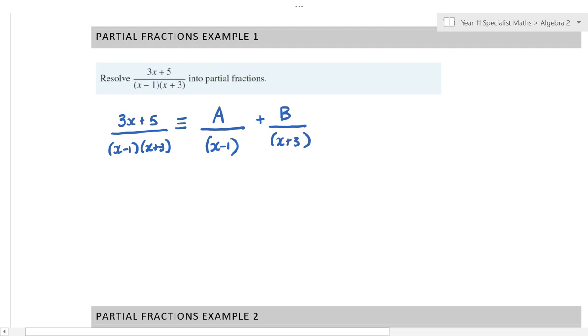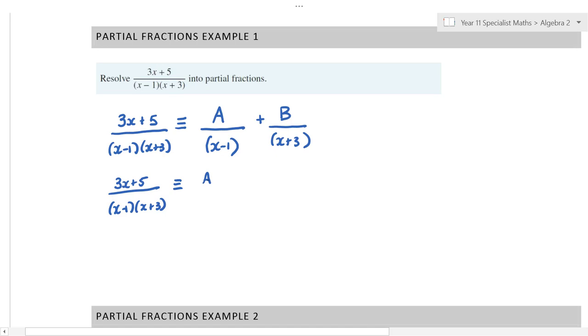Now, just quickly, if we have a look at this, you notice over here we do not have a common denominator. So what we can do is make that denominator common. I'm going to leave this left-hand side the same, of course. But what do I have to multiply big A by so that we have a common denominator?